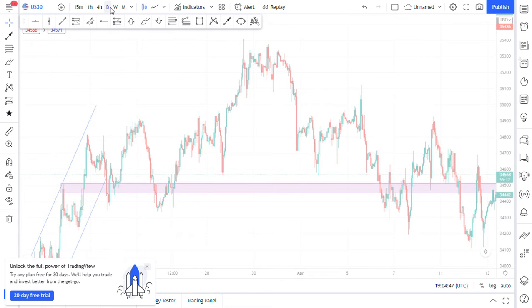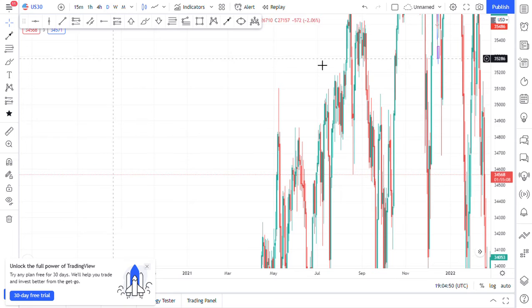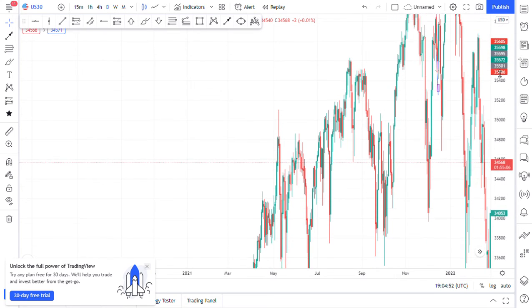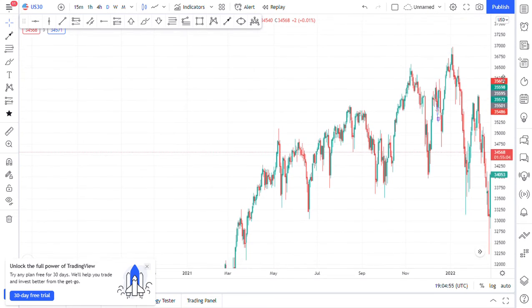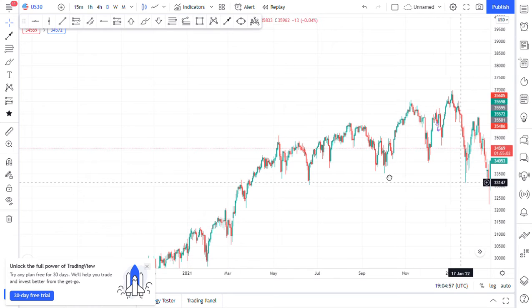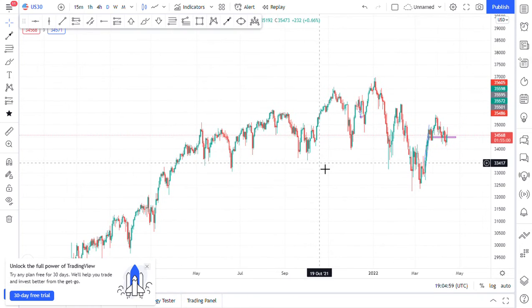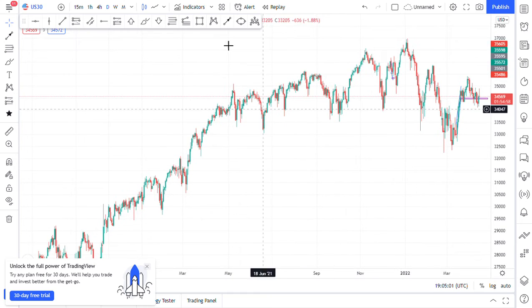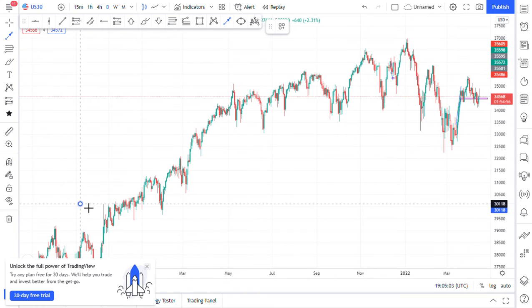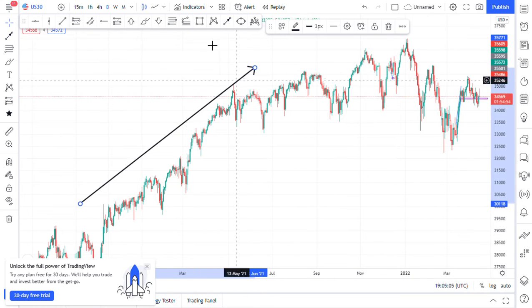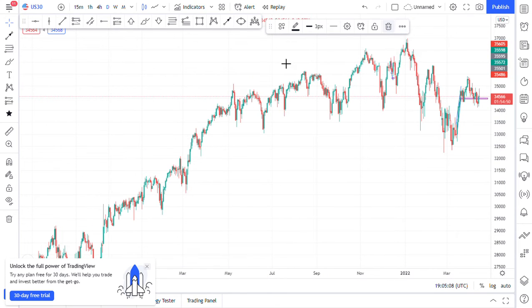So let's start with our top down analysis. From the daily time frame, we've seen that US30 has been in a beautiful bullish momentum. Then around this point here, US30 did break structure.